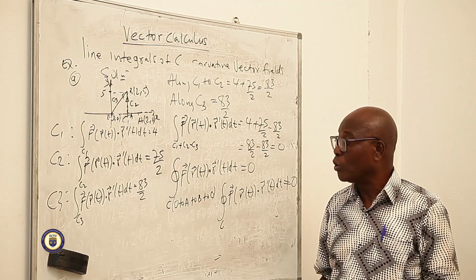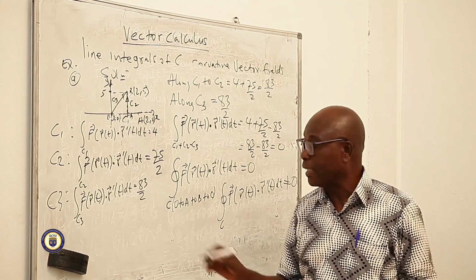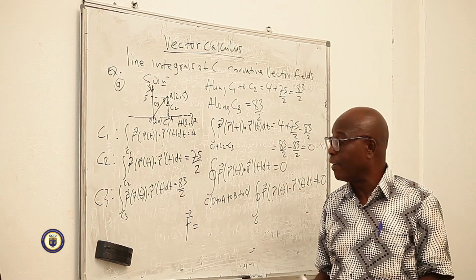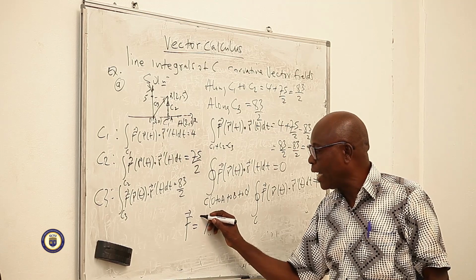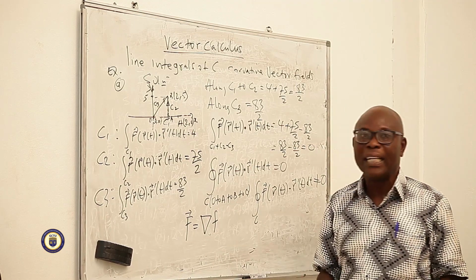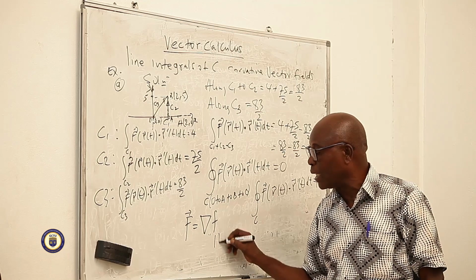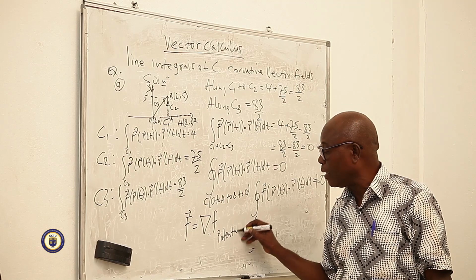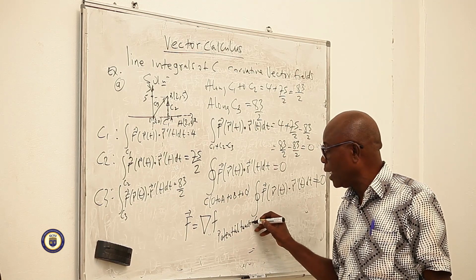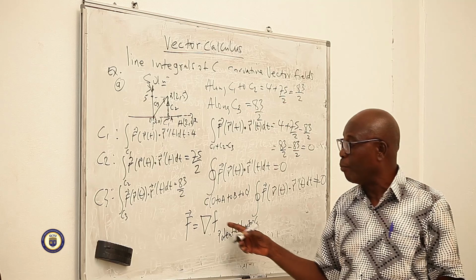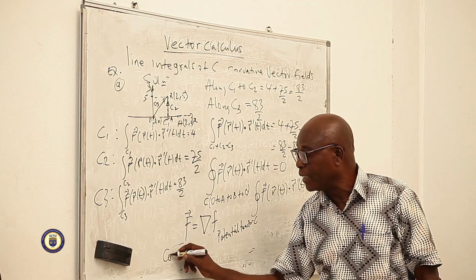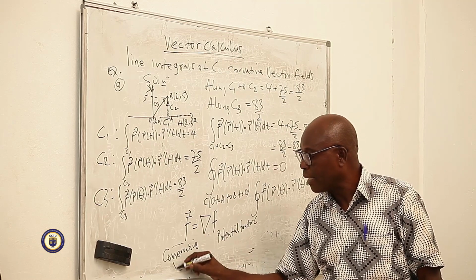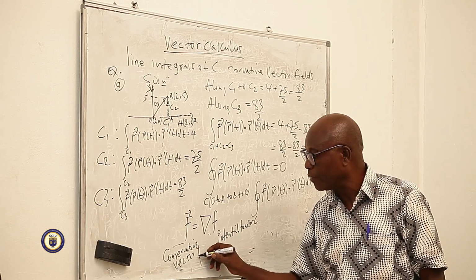And so we also learned that the conservative vector field F, we can always find from nabla f, where we learned in our previous videos that small f is the potential function. F is a conservative vector function or field.